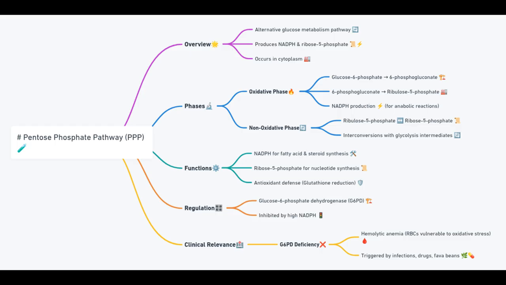Although not a significant function of the PPP, it can operate to metabolize dietary pentose sugars derived from the digestion of nucleic acids, as well as to rearrange the carbon skeletons of dietary carbohydrates into glycolytic or gluconeogenic intermediates.